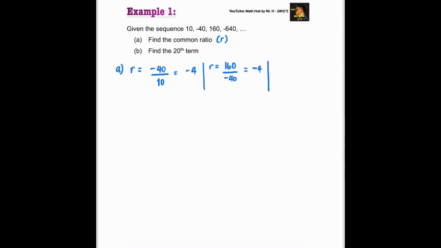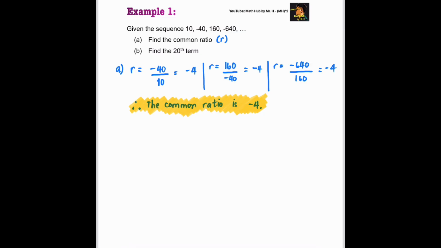And for the last pair, we'll have -640 divided by 160. That is also -4, right? So you can see that the value of R, or the common ratio, is consistent for all the pairs. So definitely it's a geometric sequence. Therefore, the common ratio is -4. Right, that's the answer for 1A.